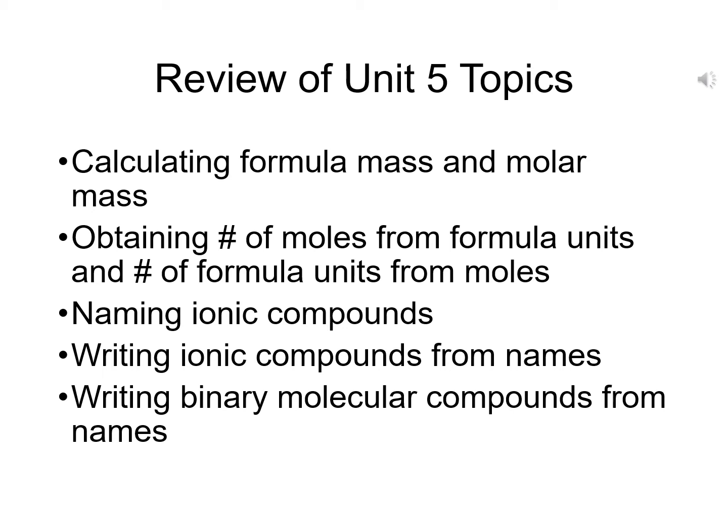So we're going to do an example of each of those, and we'll do examples of formula mass and molar mass and molecular mass. We'll also review naming ionic compounds and writing ionic compounds from names, and we'll practice binary molecular compounds, both writing from names and going back and forth. Okay, all right, so let's commence.